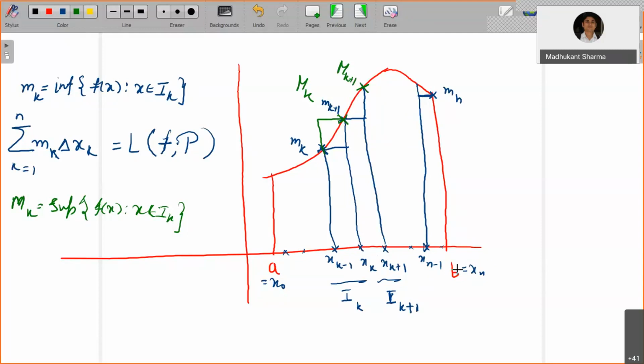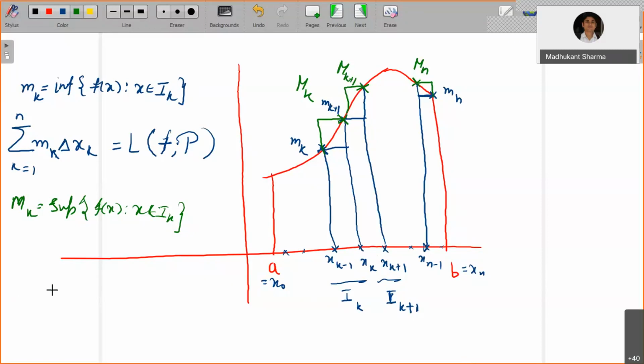And for this interval xn minus 1 to b, this is going to be the Mn. So this is going to give you the rectangles which are created above the curve y equals f of x.